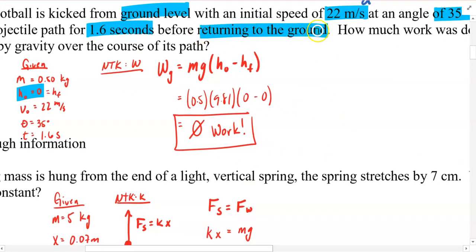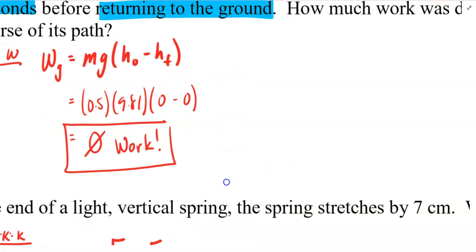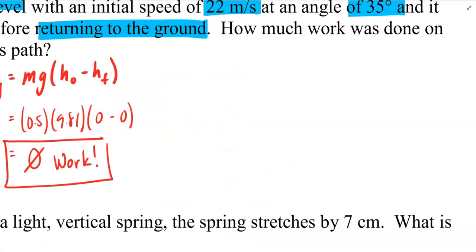Now here again, returning to the ground, that's an indicator that the final height is also 0. So when we start at 0 and end at 0, the work done by gravity, or in other words, the energy transferred by gravity, not by the force of impacting the ball or anything, but gravity itself, well, that work is going to be 0.